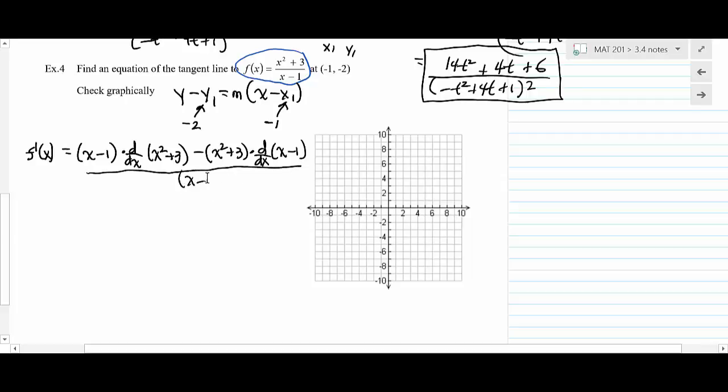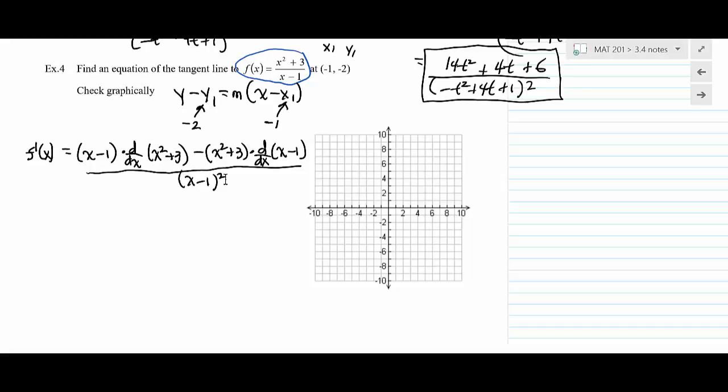Now, one thing that I don't mind, like in your homework, once you practice this and start doing this over and over again, is you're okay if you wanted to just do that in your head, because that's going to be 2x, right? And then this right here is going to be what? 1. So you can do that in your head if you want to.